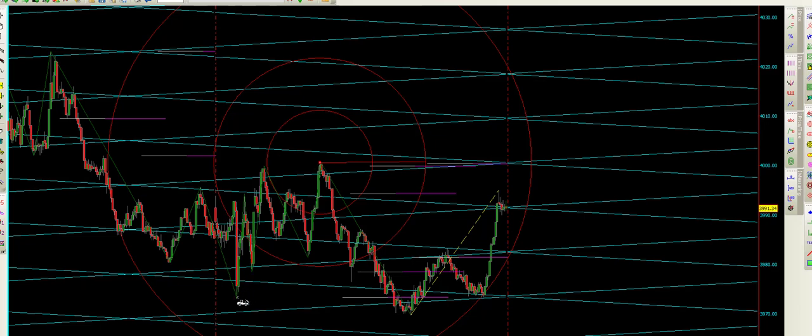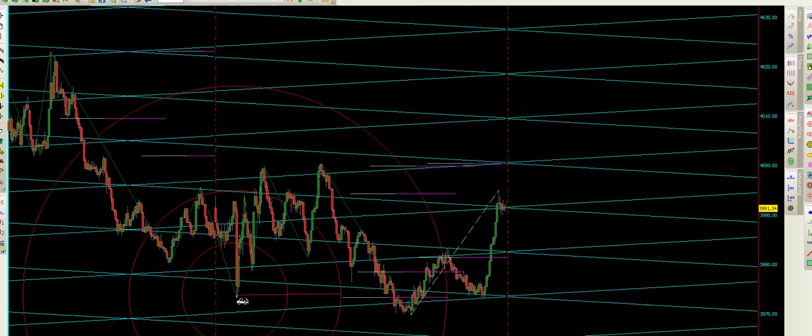Cycle, circles, same thing, right? And there's a formula to convert cycle into circle into square. That's all there is. Now let's move this here. So when we move it here, the market should react as it hits this second circle, which is half the cycle. That's all.